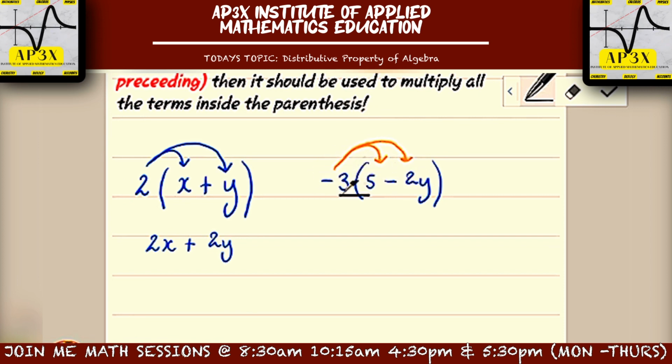So, just as a reiteration, we simply distribute minus 3 into the bracket. Remember, a sign that appears before a number or a term belongs to the number. So if you're going to be distributing the number, ensure to distribute the sign as well.